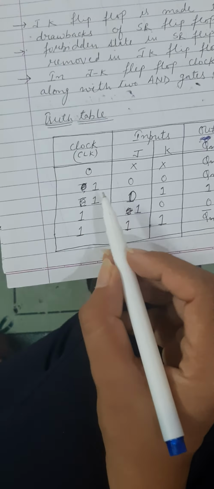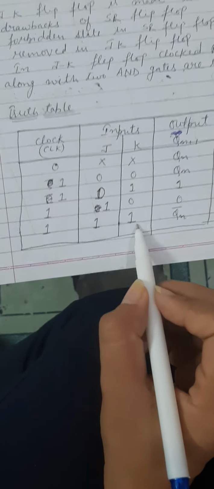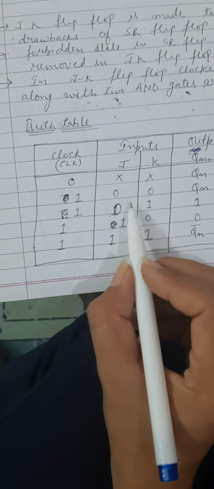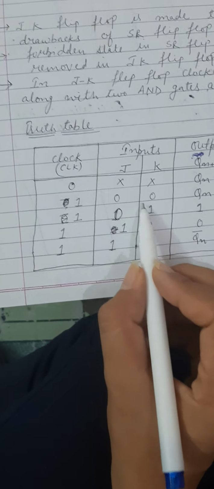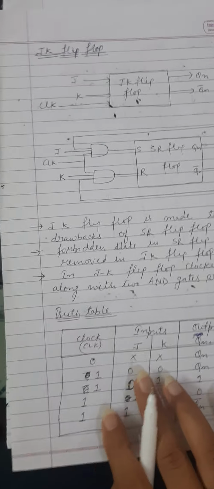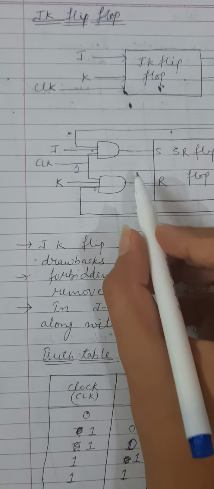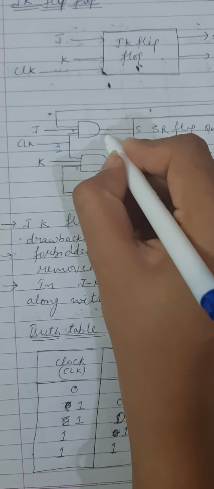Now in the other cases, the clock is equal to 1, and the inputs can be 0 0, 0 1, 1 0 and 1 1. Okay, now come to the first input, 0 0. When the inputs are 0 0, the clock is equal to 1. In an AND gate, when one of the inputs is 0, the output is 0.